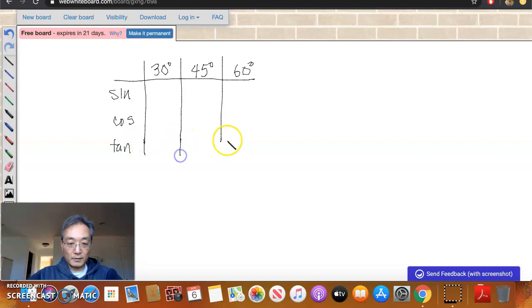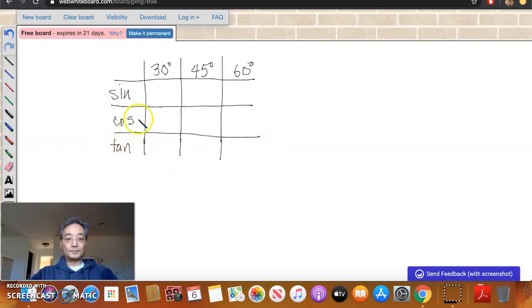Okay, extend it a little more. And then we'll make a little table like this. All right, so now you have this table, 30, 45, 60, and then sine, cosine, and tangent.